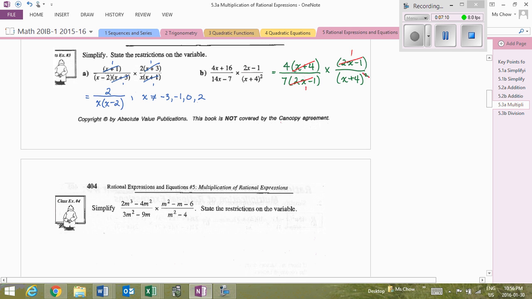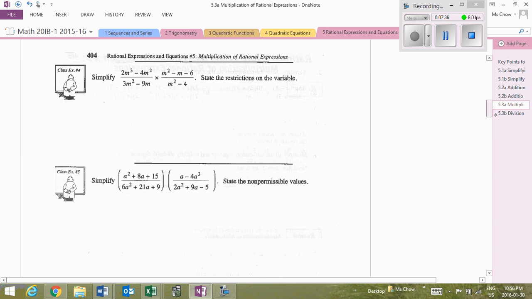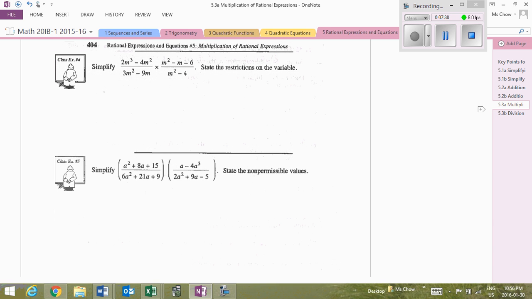So the 4/7 does not reduce, and so we are then left with 4 over 7 times x plus 4, and our restriction, taking into account all factors in the denominator that may have been canceled out, so x cannot equal -4 or 1/2.